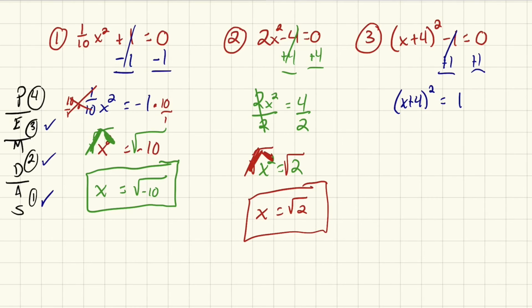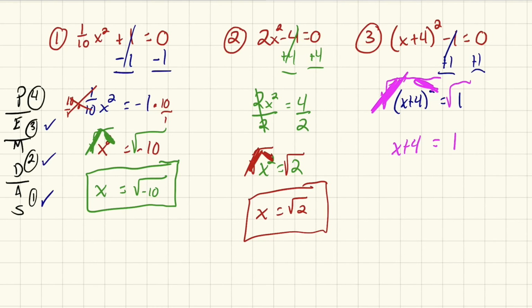And when I say take the square root, I mean we're going to take the square root of everything. On the left-hand side, the square root and the squared cancel out. That leaves me with x plus 4. And then we have the square root of 1. Well, can we take the square root of 1? Yes, we can. It's just 1.